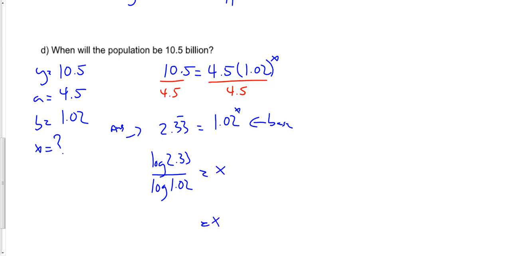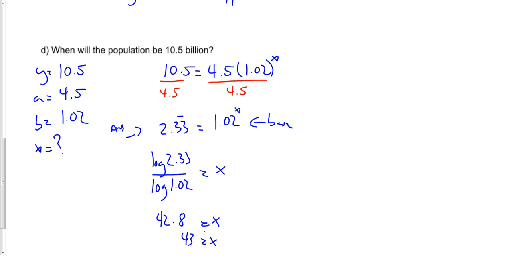And so my x value, if I do log 2.3 divided by log of 1.02, is approximately 42.8. Okay, so 42.8, we can potentially round that up to just a flat out 43 years. Okay, so what that means, we haven't quite answered the question. x represents the number of years that have gone by since 1980.